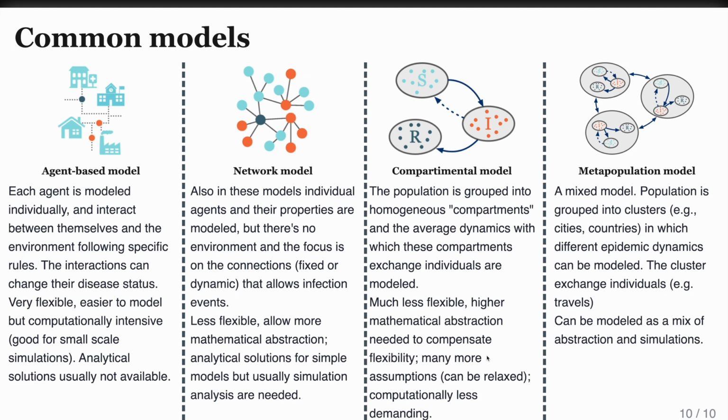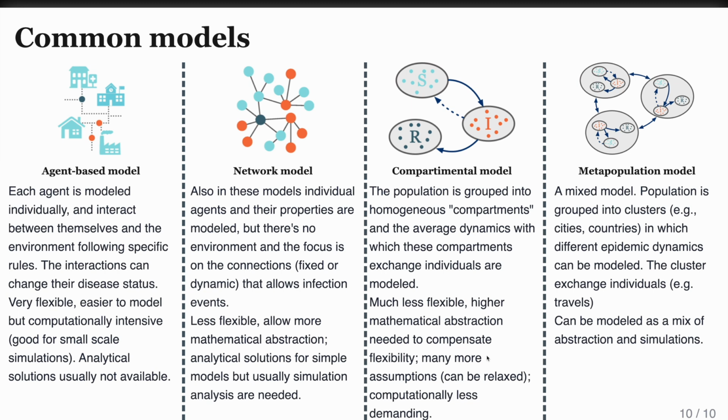We can start from the most complex, which are called agent-based models, in which you follow individual agents through time. These agents can be the pathogen, the host, or, for example, the pathogen interacting with cells inside the host. They can be exponentially complex.